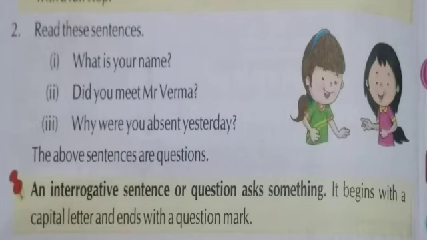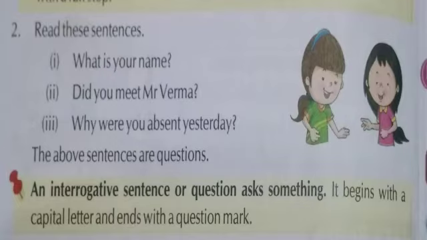Next, read these sentences. What is your name? Did you meet Mr. Verma? Why were you absent yesterday? The above sentences are questions. An interrogative sentence or question asks something.